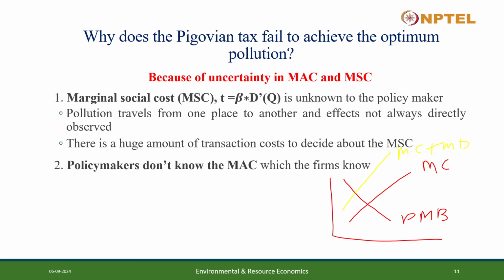However, many times the pollution travels from one place to another, then the effect is not directly observed. So that is one of the problems where MSC is not being calculated.